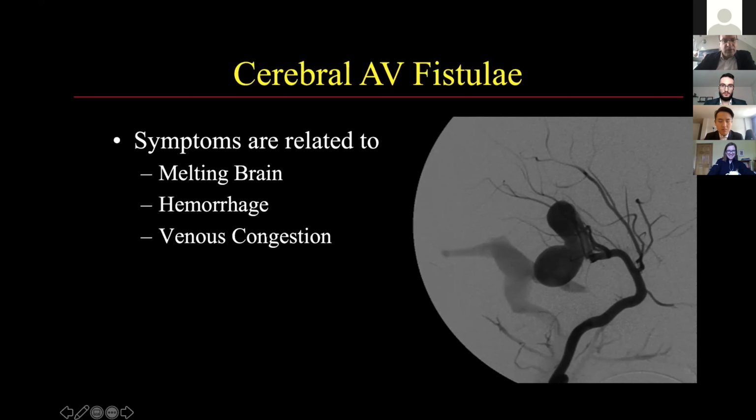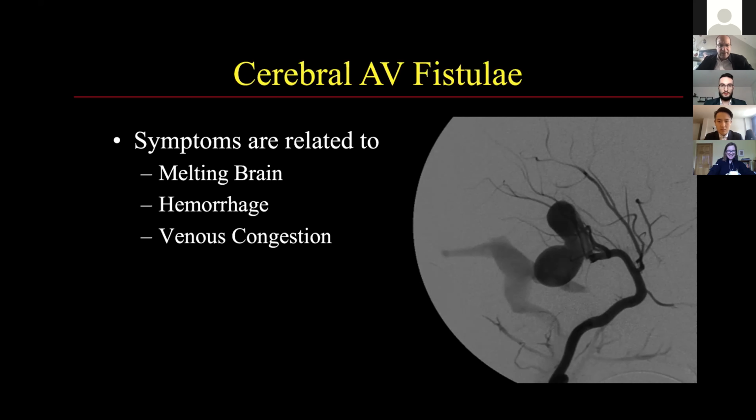More difficult to explain is this concept of venous congestion. Here the problem is that the brain cannot drain normally because the outflow route that it tries to take, i.e. the venous drainage, is congested, is arterialized, and therefore the brain has problems of drainage.